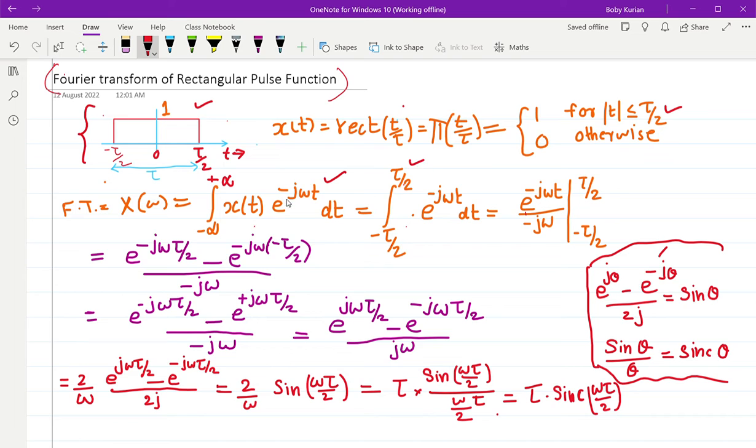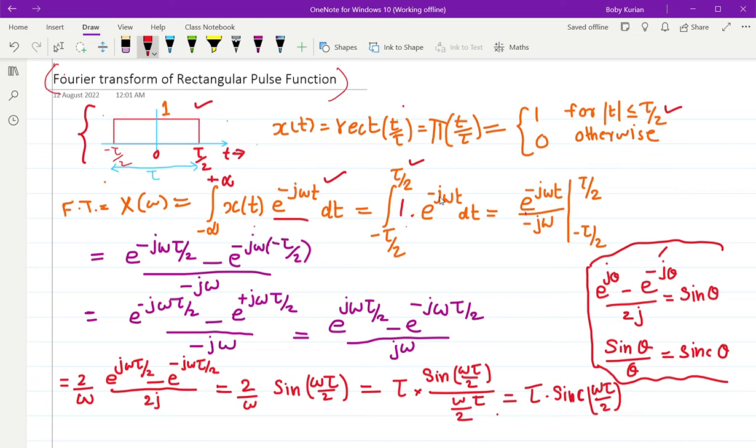From minus tau by 2 to plus tau by 2, the value of x of t is equal to 1. So we have 1 into the remaining part, e power minus j omega t dt, which is the part of the Fourier transform equation.